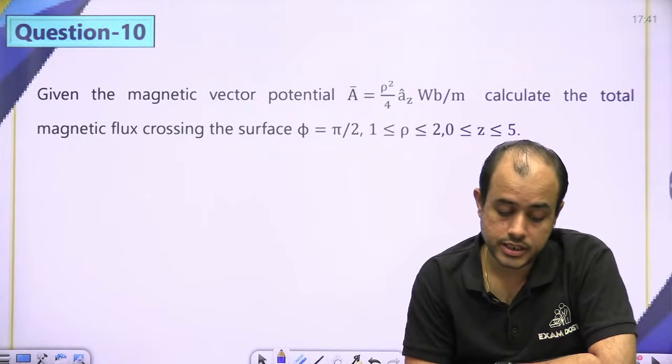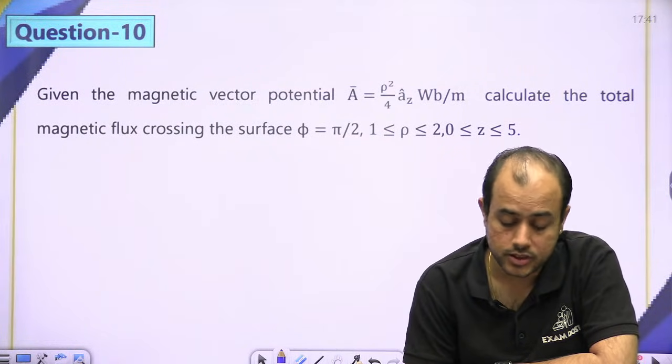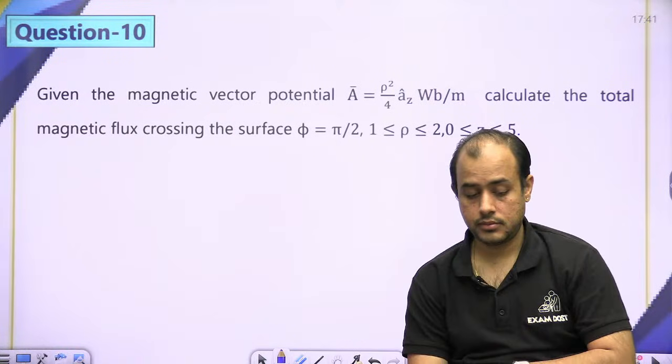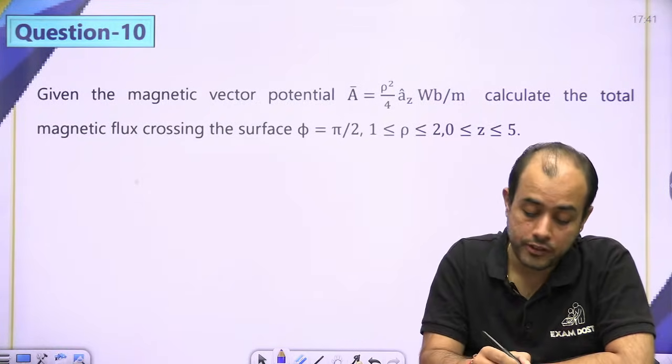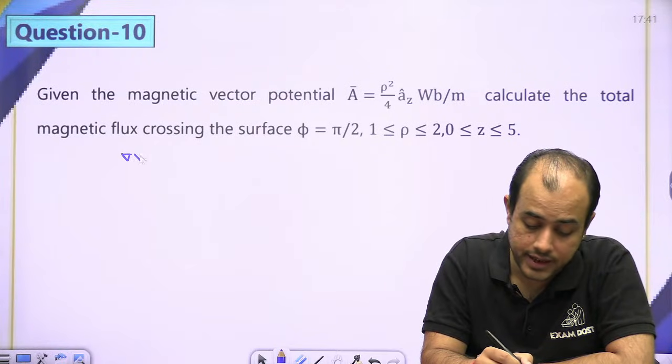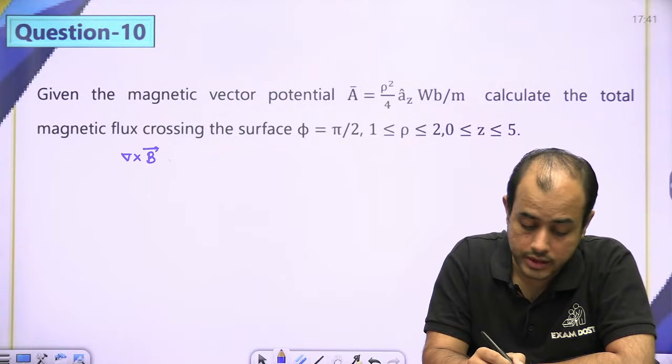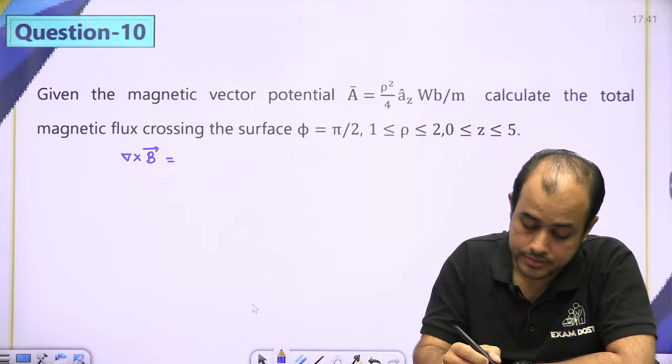चलो, last question. Given the vector potential is rho square by 4 az cap, I need the flux. For flux beta, I need the vector. Sorry, I need the flux density.